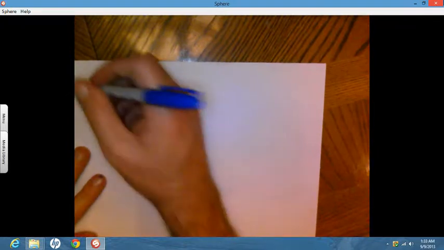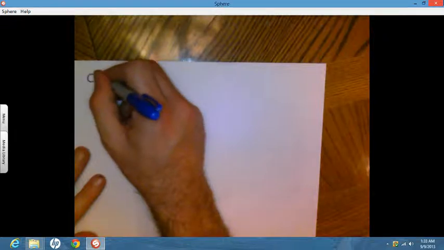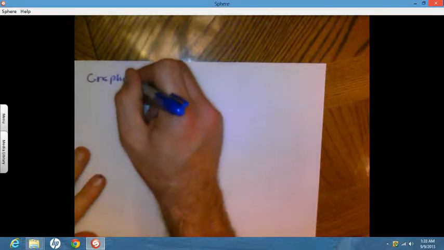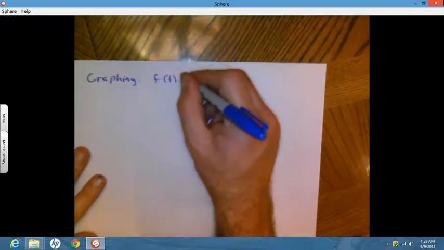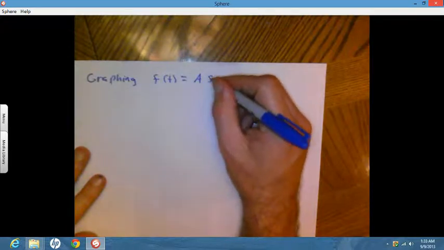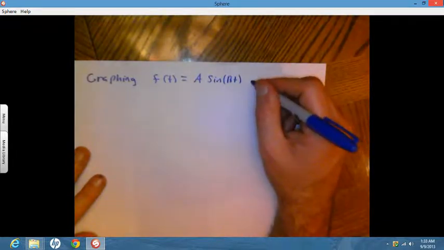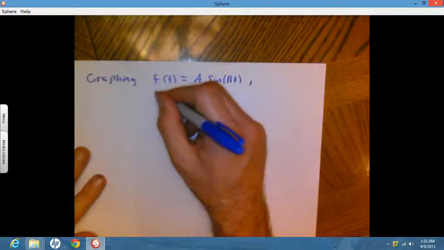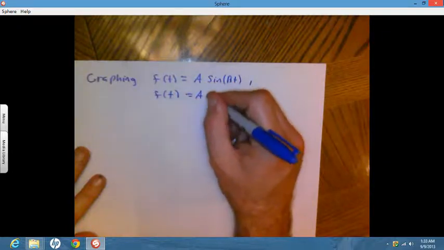So we're going to look at graphing functions in the form f of t is equal to a sine of b of t, and f of t is equal to a cosine of b of t. So we're going to modify the functions a little bit.